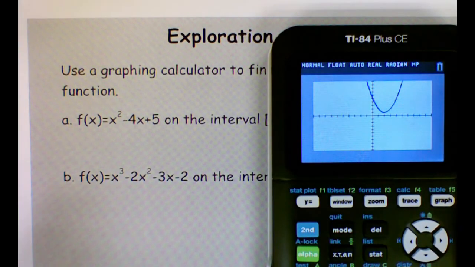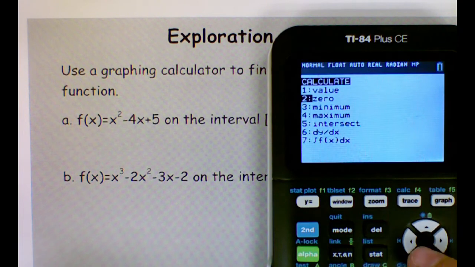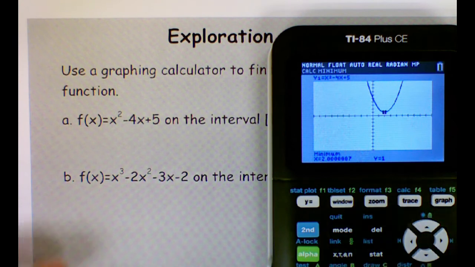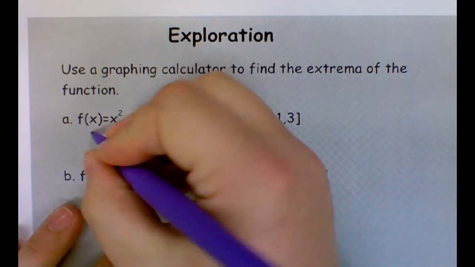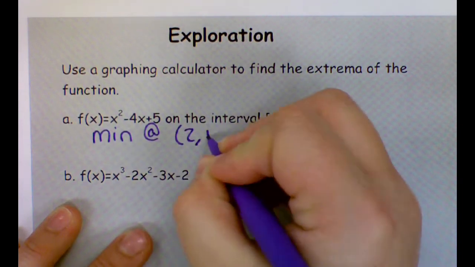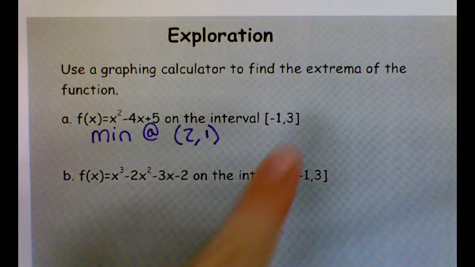So I'm going to have an absolute maximum and absolute minimum in that interval. So we calculate. I can see that there's a minimum, right? So here, get on the other side of it, press enter, guess, press enter. 2, 1 is my minimum. So I have a minimum at the point (2, 1), because that's lower than everything else in the graph. 2 is between -1 and 3.